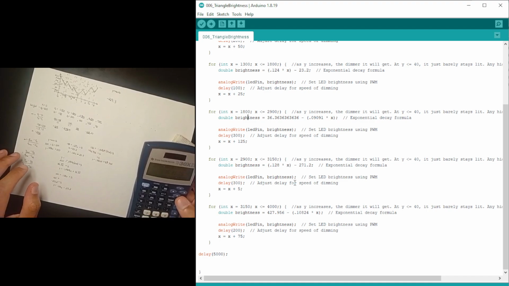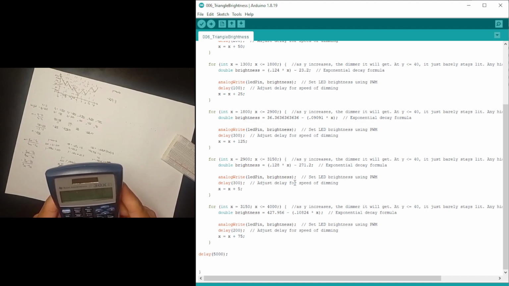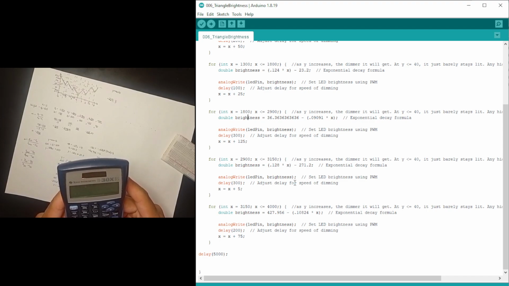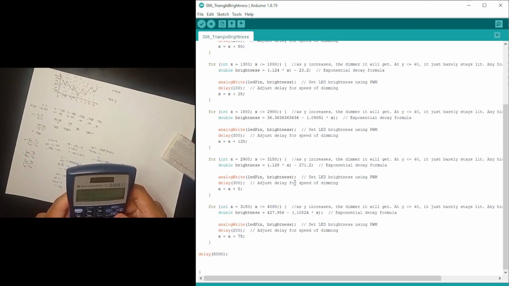Just to test it out, what happens if x equals 1800 on the upper side? Times -1 plus 36.36 equals minus 127. How?